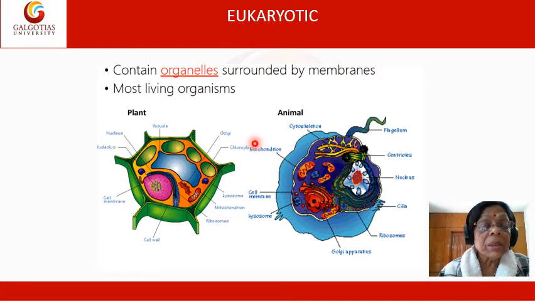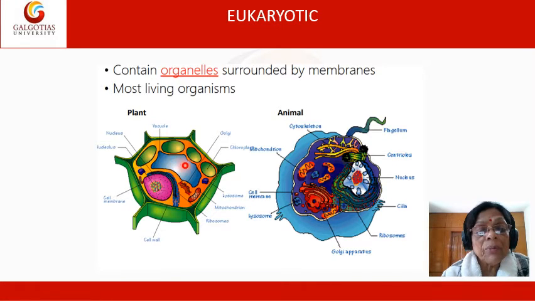In the plant cell, we can see the plasma membrane, which is surrounded by the cell wall, which is slightly hardened and protects the plasma membrane. Then comes the nucleus, and inside the nucleus is the nucleolus.